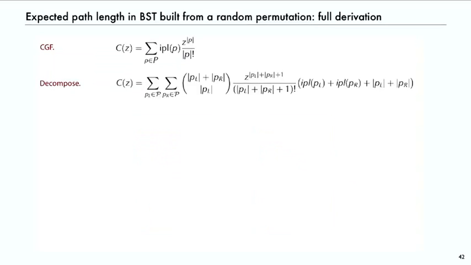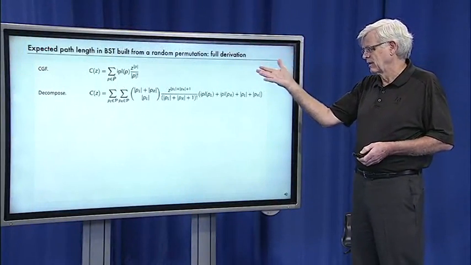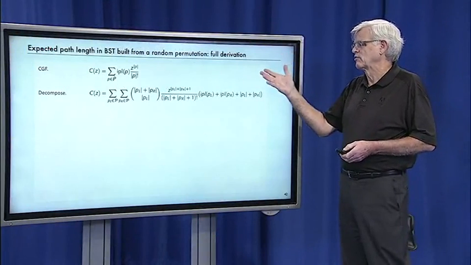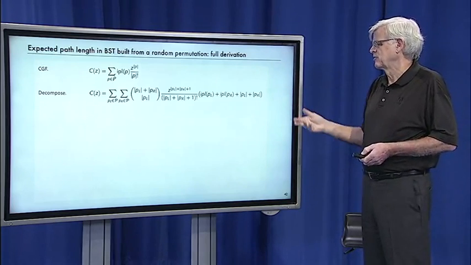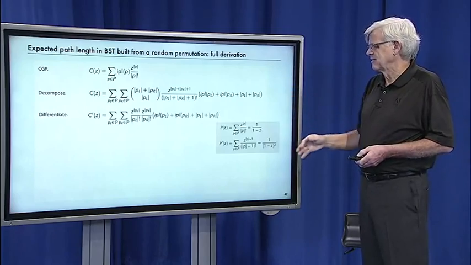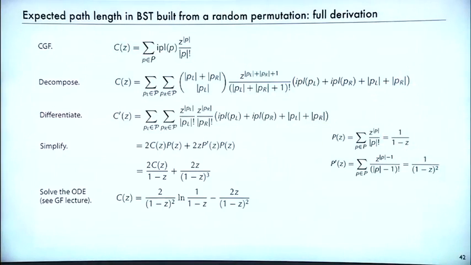So now we can summarize the analysis of expected length in a BST built from a random permutation on this slide. Start with the definitional equation for the cumulative generating function, substitute in the construction or the decomposition, differentiate to simplify, substitute to get further simplification, and that is a generating function that has the solution 2 over (1 minus z) squared log of 1 over (1 minus z) minus 2 over (1 minus z) squared.